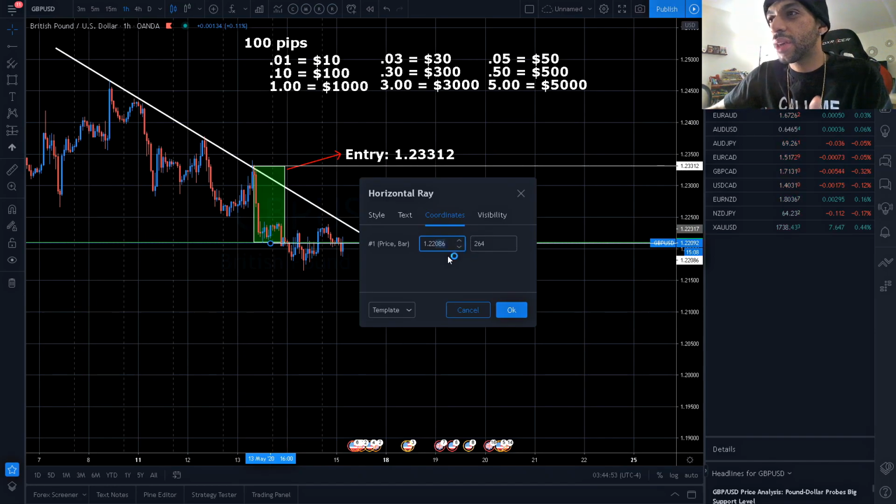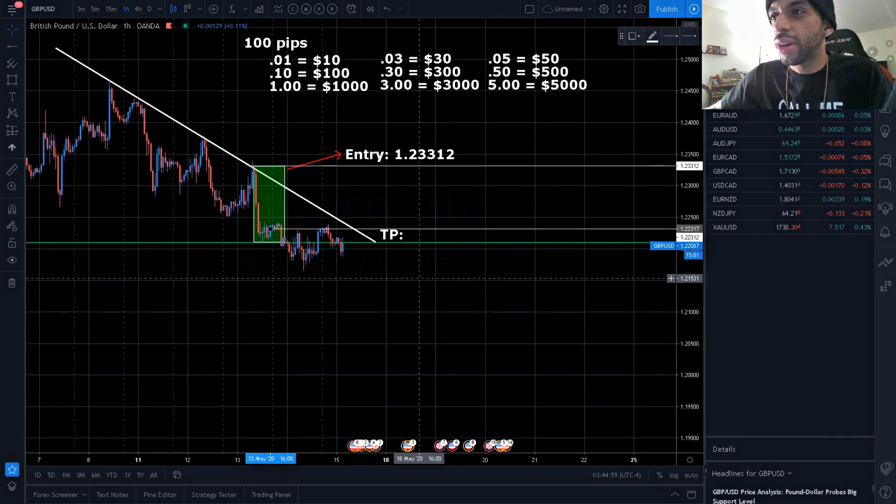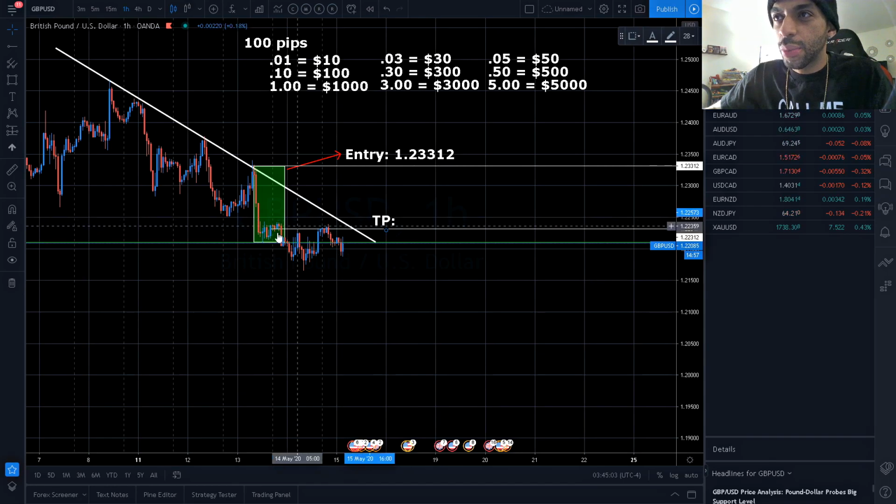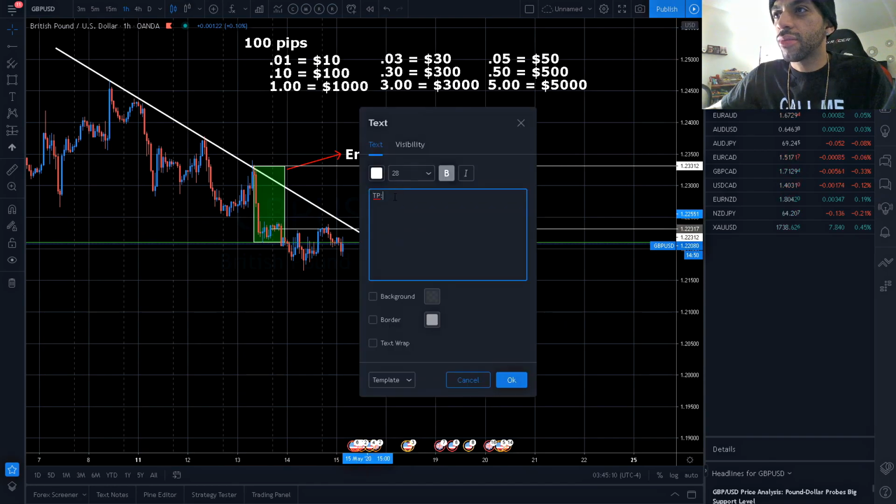So 100 pips is going to be 1.22312. It's going to be exactly 100 pips there. As you see, this is the 100 pip mark down here. Clearly, we smashed through that take profit. So my TP would have been very simple.